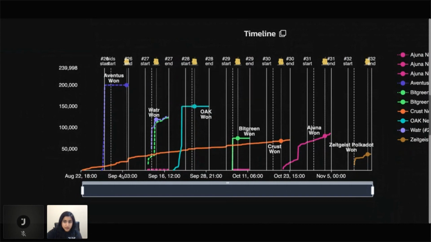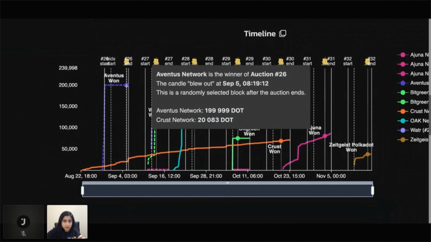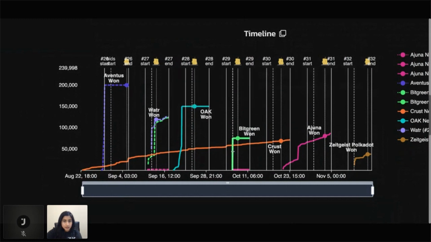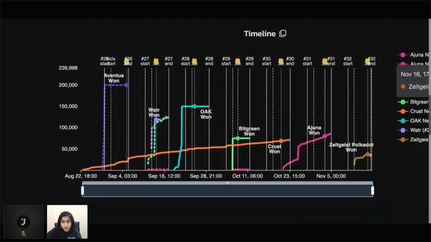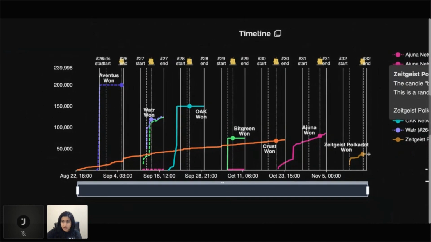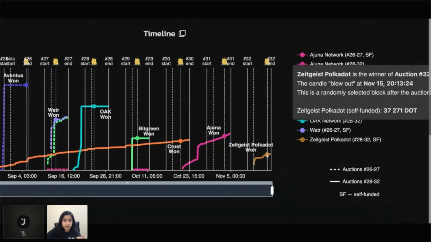As we can see, there is a difference between the prices that each project paid. For example, this project here paid around 200,000 DOT. There are more projects. This one paid around 150,000 DOT. And there is this last project that I think paid much less, which is around 37,000 DOT.